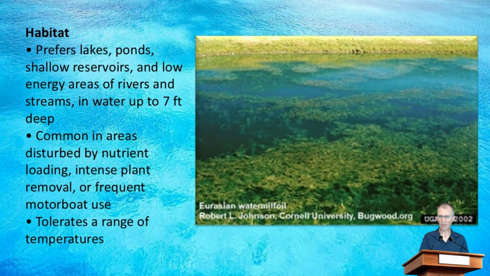Rooted. Habitat: prefers lakes, ponds, shallow reservoirs, and low-energy areas of rivers and streams in water up to 7 feet deep. Common in areas disturbed by nutrient loading, intense plant removal, or frequent motorboat use.